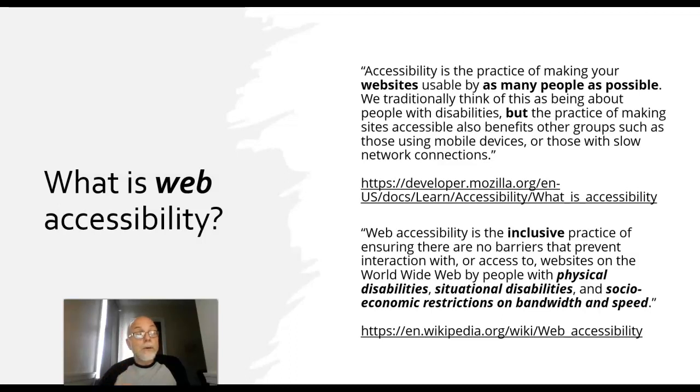So notice that in both of those definitions, the idea is inclusivity, and the idea is that we want our web sites and web applications to be usable by persons of all types.